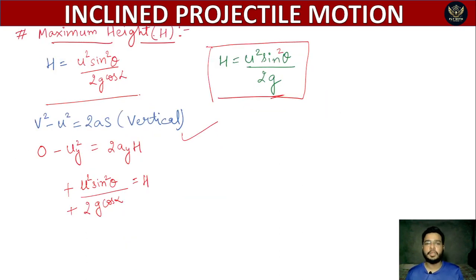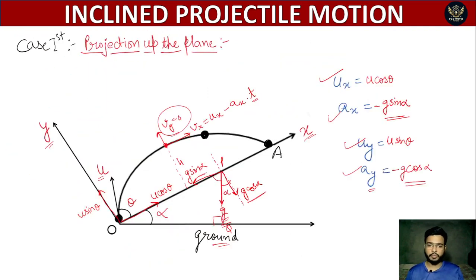Now coming to the next, which is maximum height. When the body is at this point, we can name it q, and this one becomes r. Now see, this point is q.